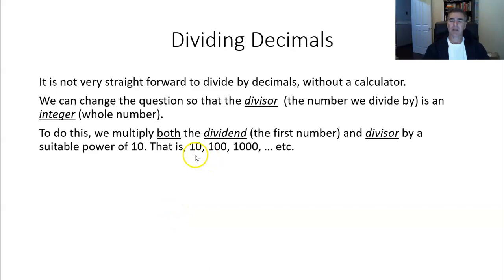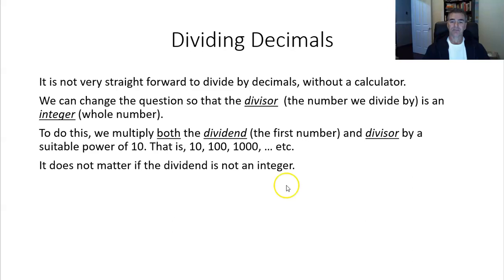So we're going to multiply both of them by 10 or 100 or 1,000, etc., just so that our divisor is no longer a decimal. It doesn't matter if our first number, our dividend, is an integer or not. It can still be a decimal, but what is important is that the divisor is an integer. And what you'll find is an algorithm will be quite useful in doing these divisions.